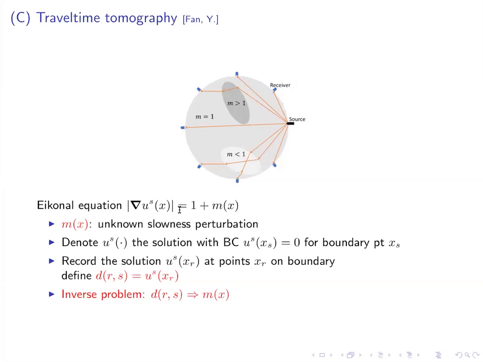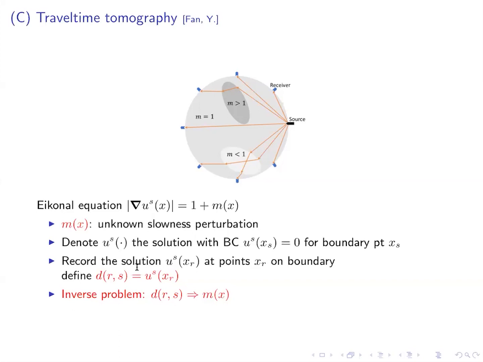The inverse problem is trying to discover this slowness m(x) from boundary measurements. For every source point on the boundary, you start a pulse, the wave propagates, and at every receiver you record how much time it takes for the wave to travel from the source to the receiver.